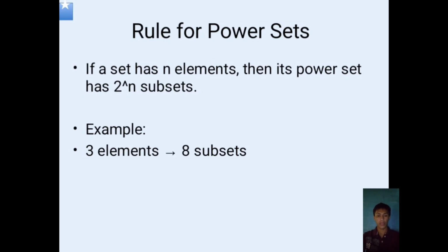If we calculate it, it will result to 8. Meaning when we have 3 elements, we have 8 subsets. When we have 2 elements, we have 4 subsets. So that is the rule for power sets, or for finding how many subsets are in a given set.